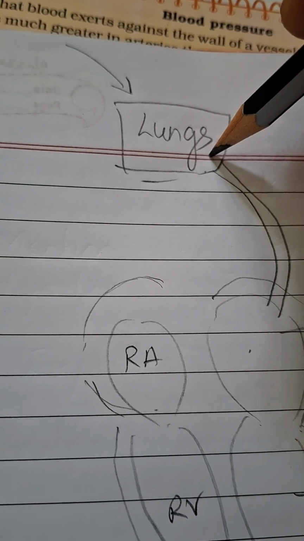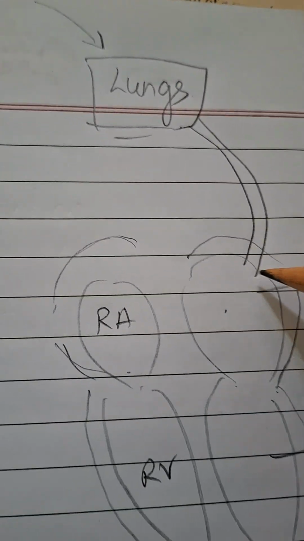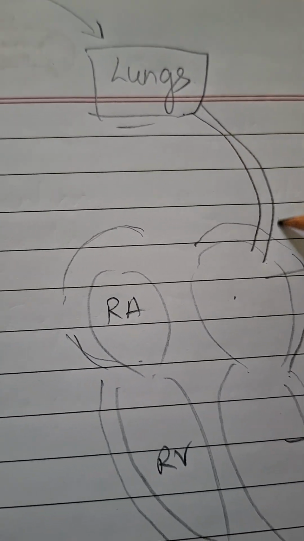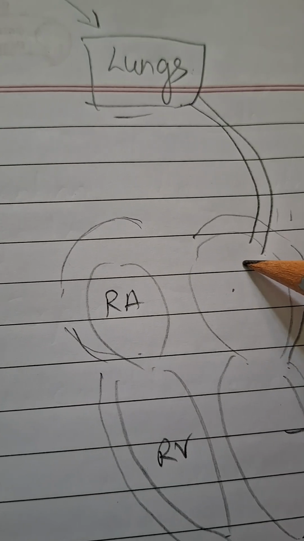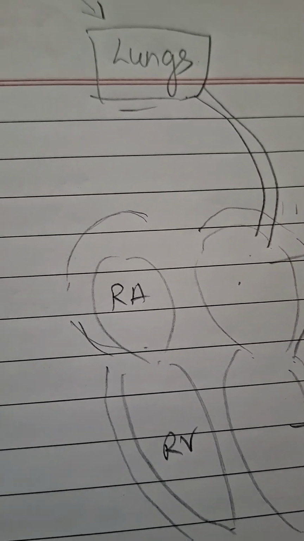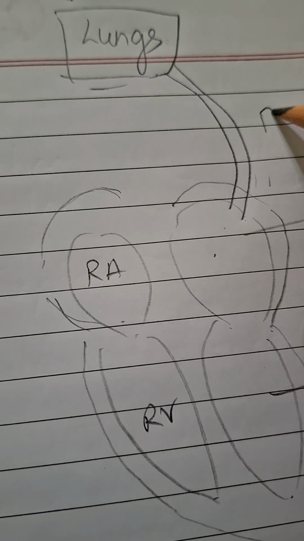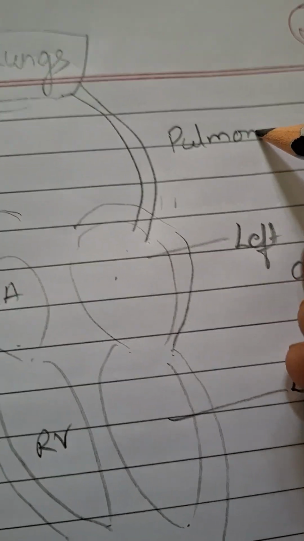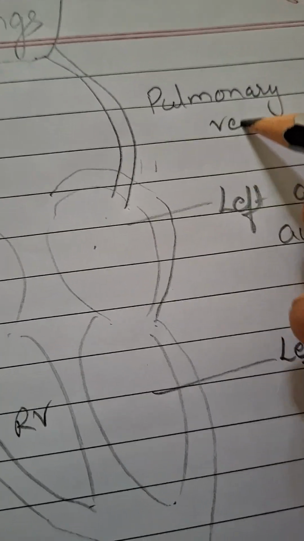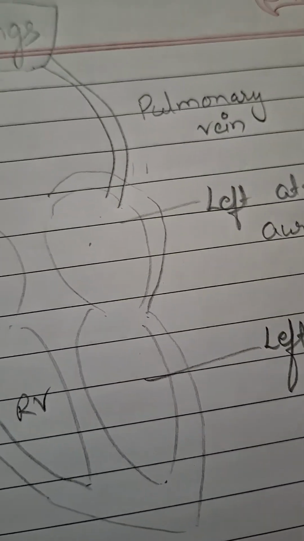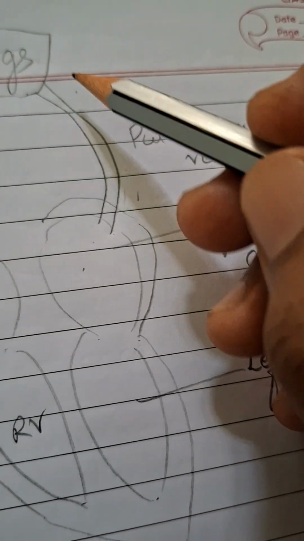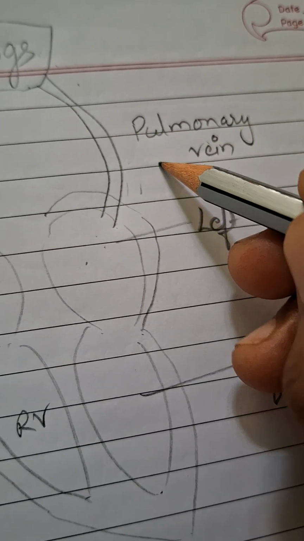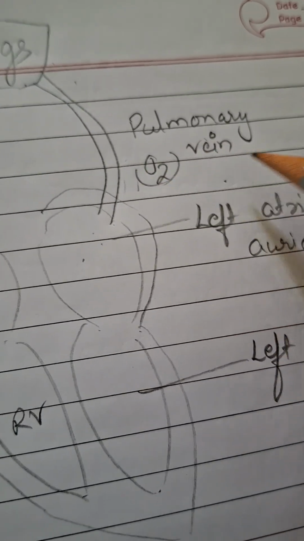The lungs are supplying the oxygenated blood to the heart. Now this pathway from where the lungs give the oxygenated blood to the heart is the pulmonary vein. Again, from the lungs to the heart, oxygenated blood is going through the pulmonary vein.